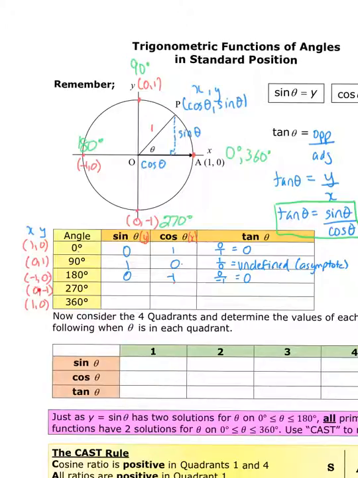Cos is my x value of 0. And again, I will divide -1 by 0, which is undefined. And finally, at 360, the coordinate is the same as it was at 0 degrees, so all the values are going to be the same: 0, 1, and 0.